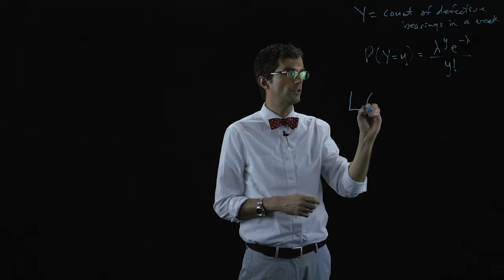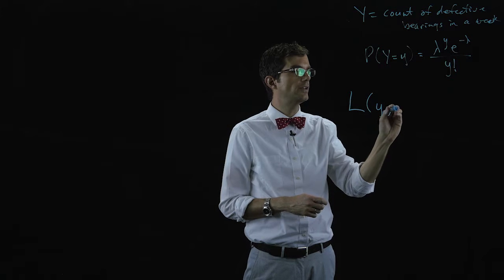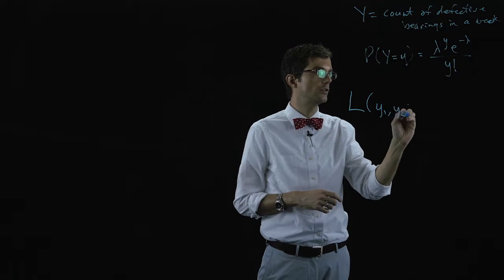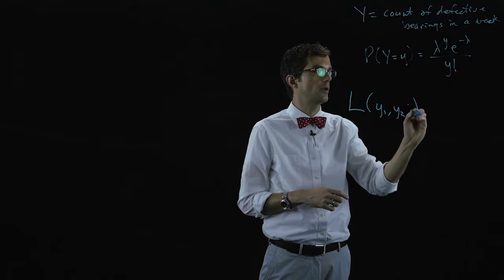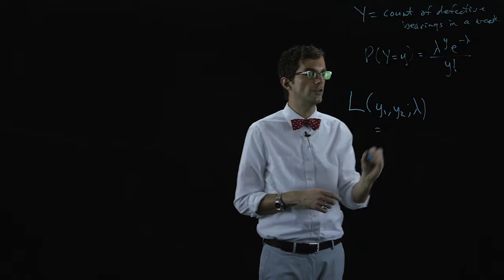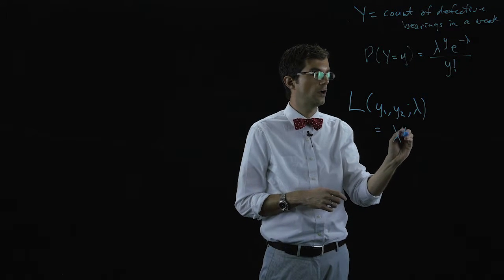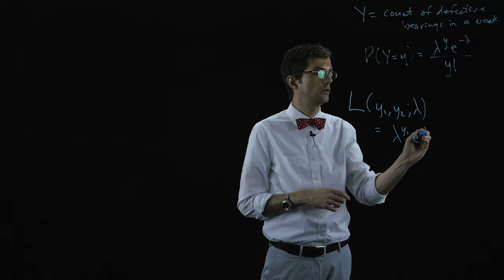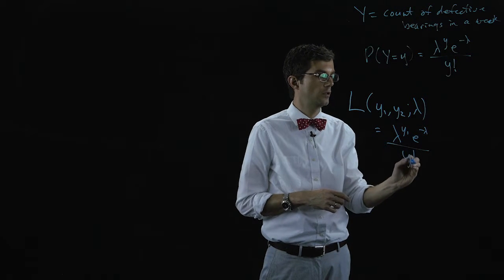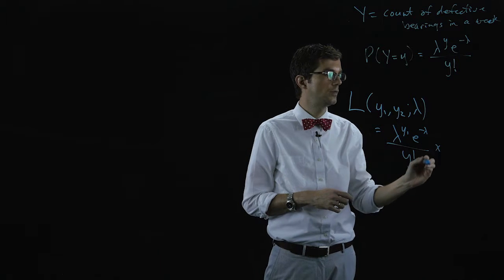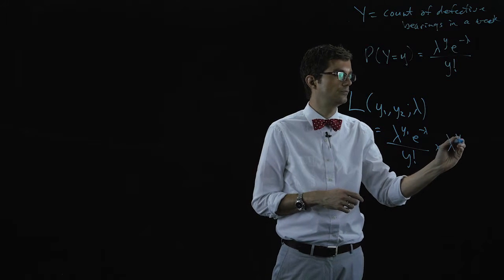Our likelihood function for y1 and y2, we had two observations, and we have one parameter, lambda. That's just the probability of y1 multiplied by the probability of y2.